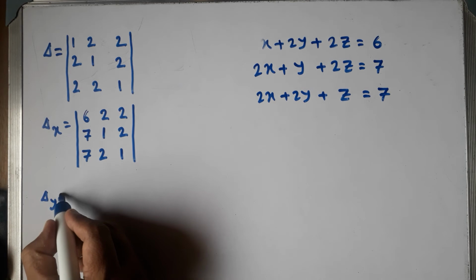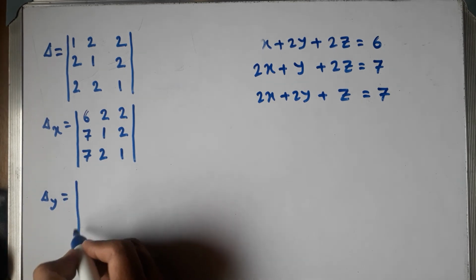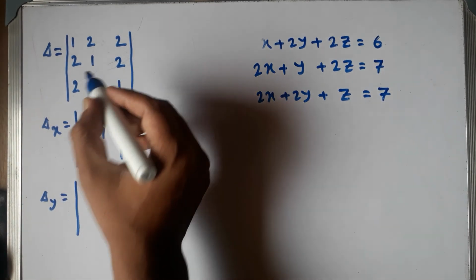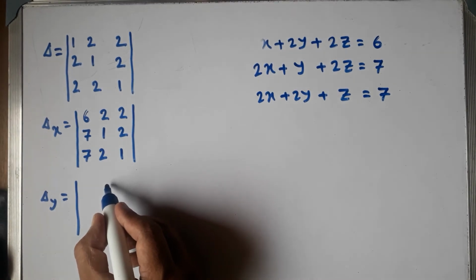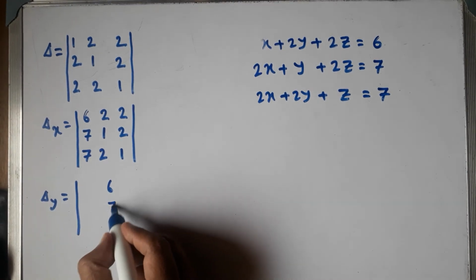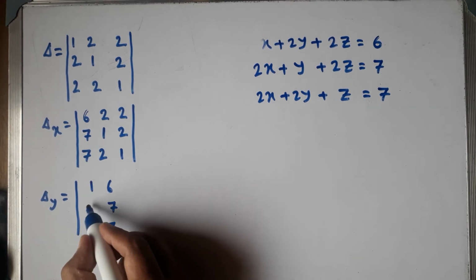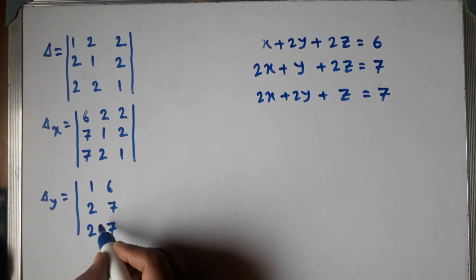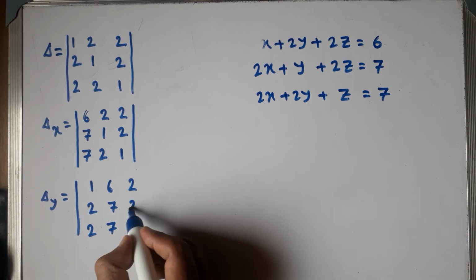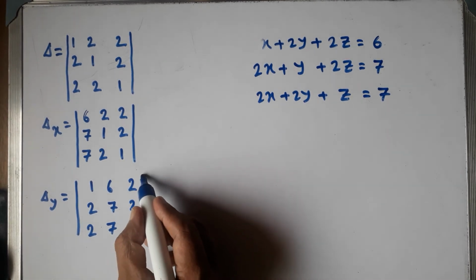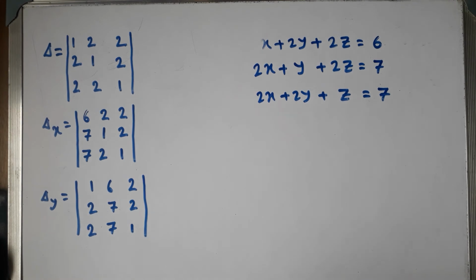Similarly delta y, where the second column of delta is replaced by 6 7 7, and the remaining two columns remain the same: 1 2 2, then 2 2 1. This is delta y.